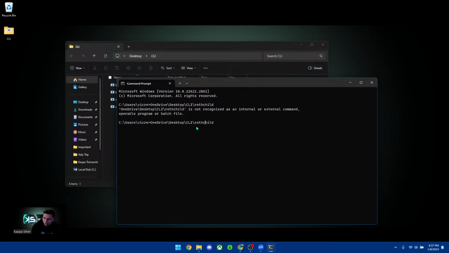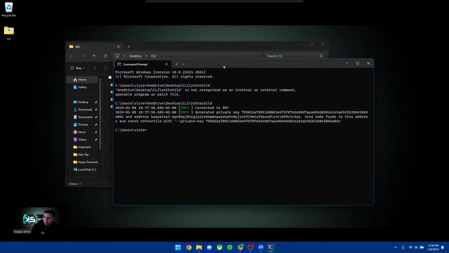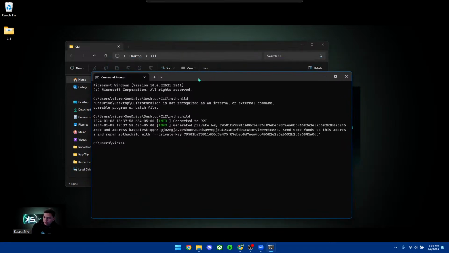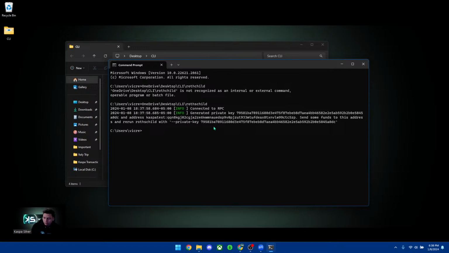Let me go ahead. There we go. Yeah, spelling really matters on this. One little thing wrong and you gotta redo. I didn't even have to copy that. Could have used the up arrow to go back. Okay. So, generated private key, Kaspa test.